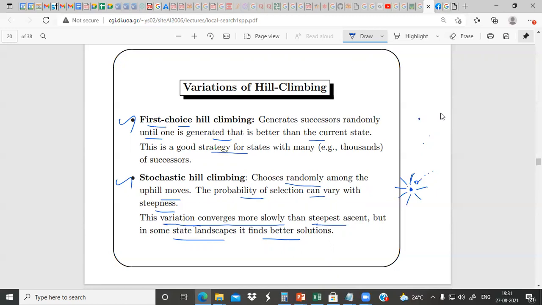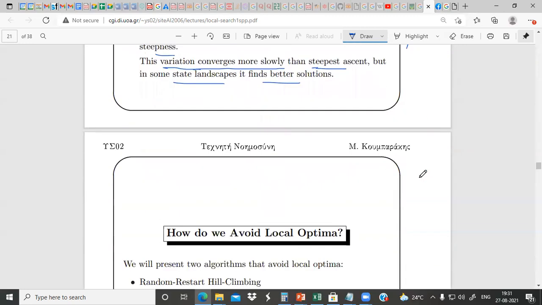If a particular state has thousands of successors, this is a good choice, because we randomly choose one successor. It is highly likely that this may not be better than the current, so you try again and again until you find a better successor. Then probably you may get to a local maximum or the global maximum, right?